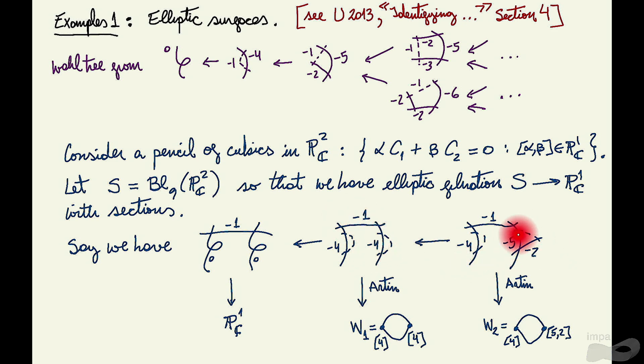I need to consider that one, but I erase. And so I have 4, 5, 2, giving me obstruction 0, and this 4, 4 giving me obstruction 0. And you can keep going this way and construct your surface with an arbitrary Wahl singularity. So in the case of elliptic fibrations like this, it's very simple when you only use fibers.